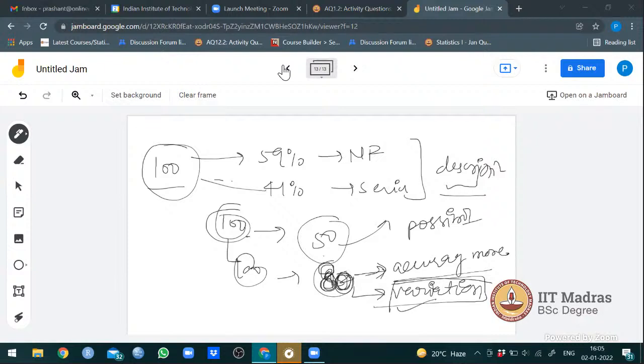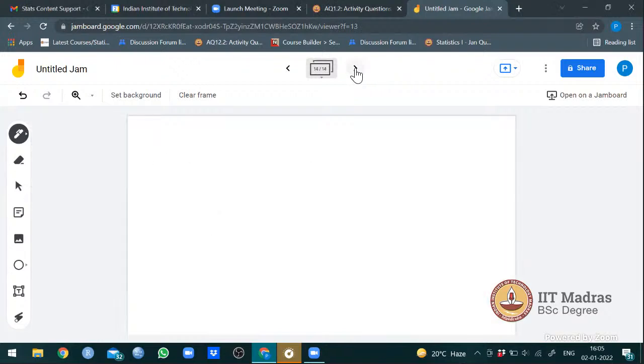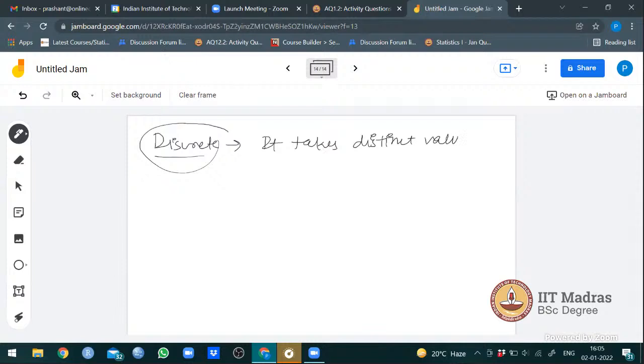Sir, I have another doubt. I can't understand what is discrete and continuous data. Okay, last time I explained. See, discrete: a discrete variable takes distinct values on the real line, and you can count it.